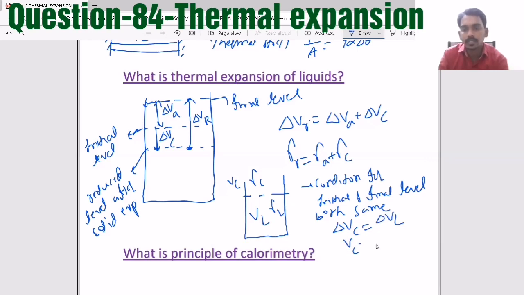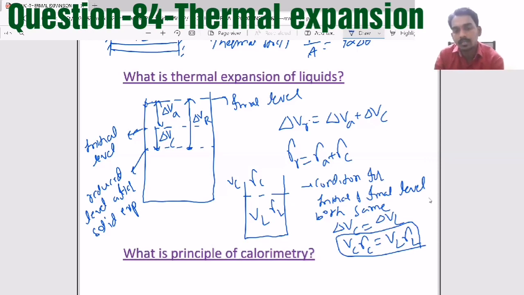Then the condition will come Vc gamma C equals VL gamma L. Or sometimes the same question they can ask like completely filled one. Means the container is completely filled with liquid, and after heating, no overflow. That means it came down and went up to the same final level. Then Vc equals VL, then the condition will come gamma C equals gamma L. Like that, they can frame questions based on this.